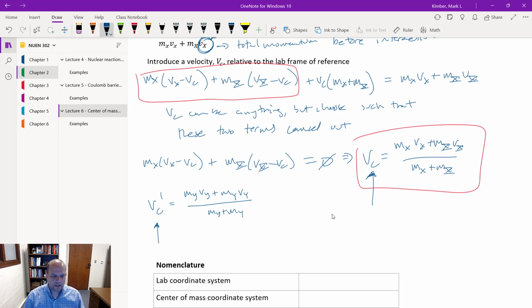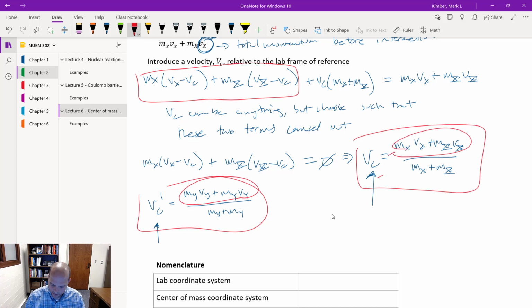That is my conservation of momentum. I've got my total momentum before the interaction and my total momentum after the interaction, and those two need to be equal. Because of that, this numerator and that numerator represent momentum conservation before and after the collision.